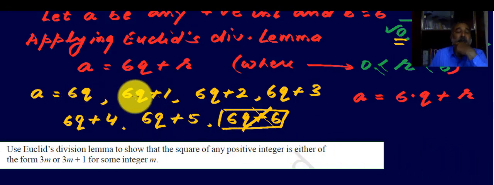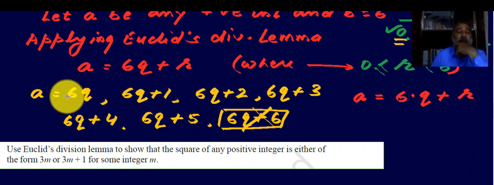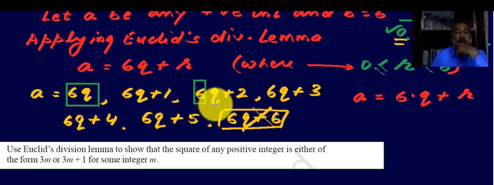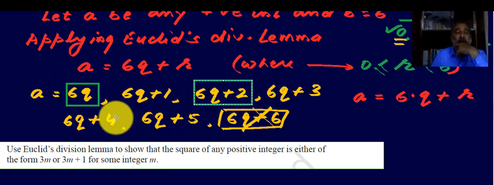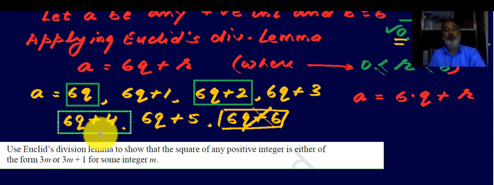Now look at these numbers. I'm selecting some of these. 6q, 6q plus 2, 6q plus 4. All these three numbers are divisible by 2.